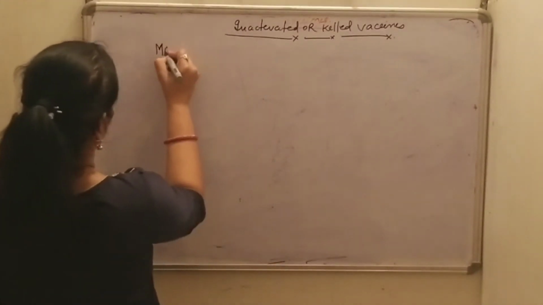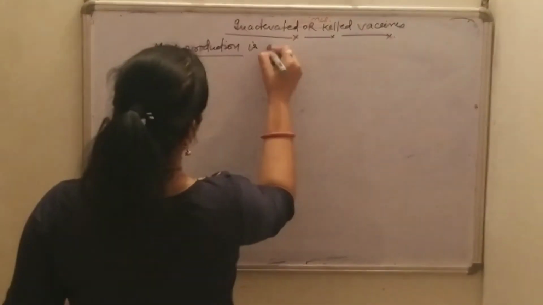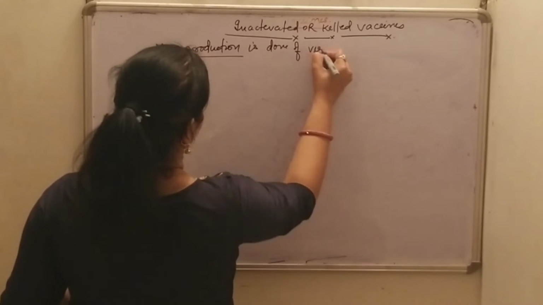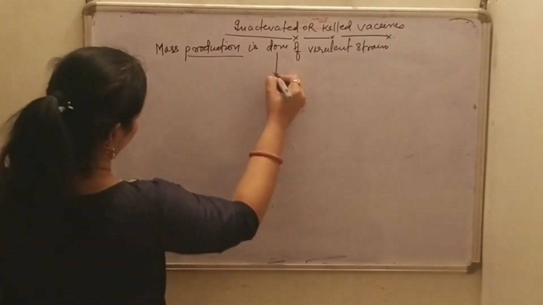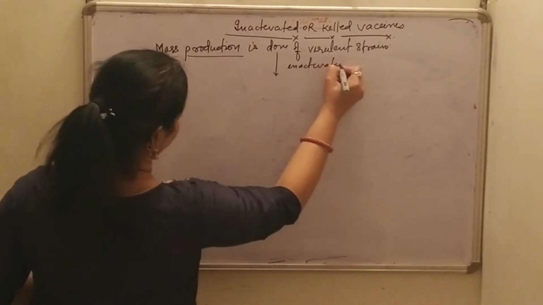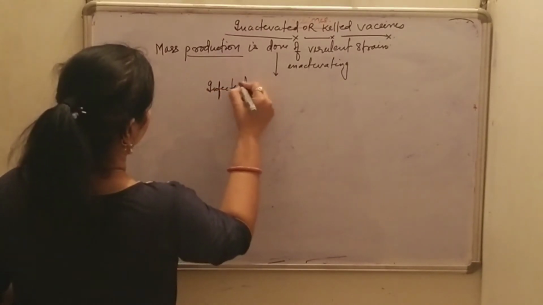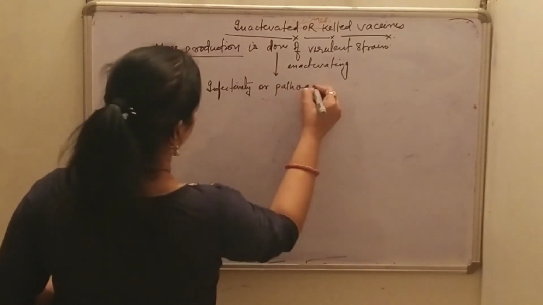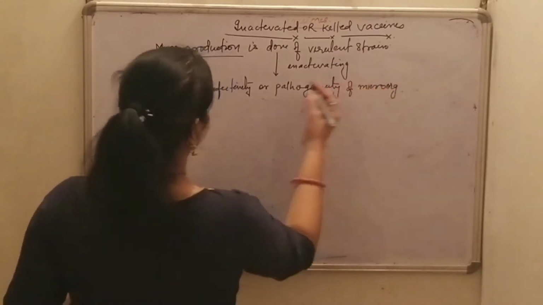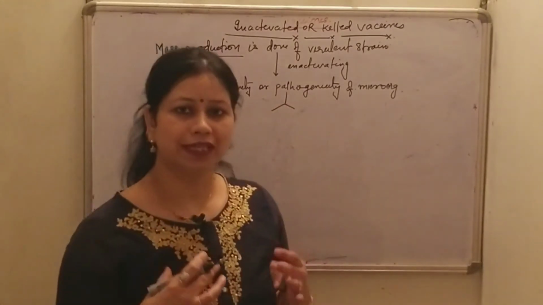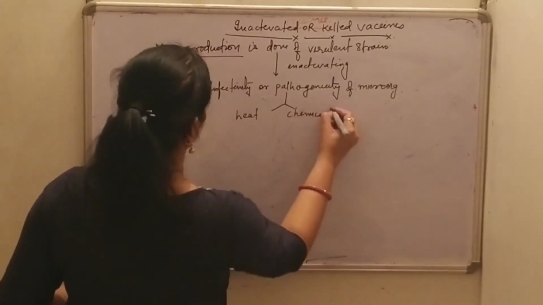So first of all, mass production is done of the virulent strain, and then the infectivity or pathogenicity of the microorganisms is inactivated by the application of heat or some chemical treatment.